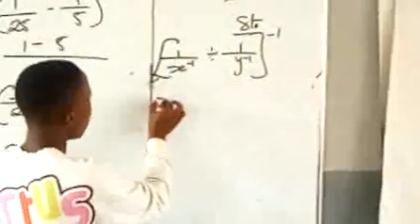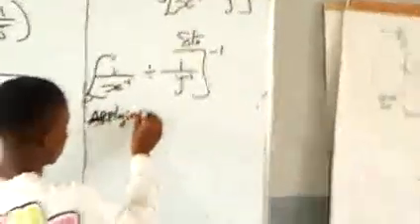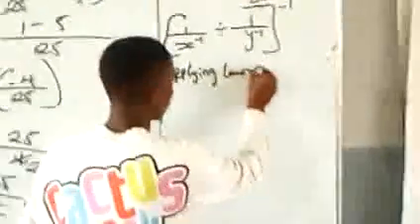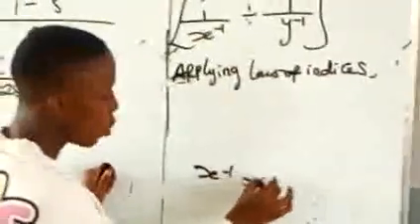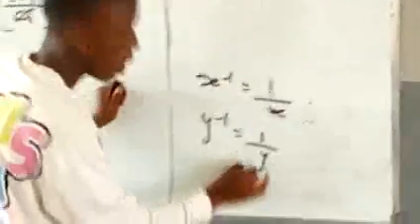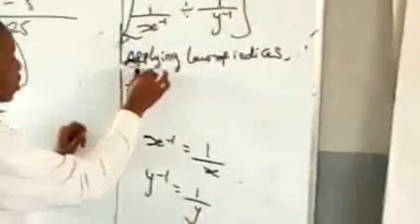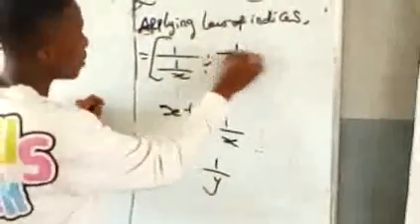So therefore, applying the law of indices, now first of all, remember x raised to the power minus 1 will give you 1 over x, and y raised to the power minus 1 will give you 1 over y. So you substitute these values into this. So equals 1 over x divided by 1 over y, all raised to the power minus 1.